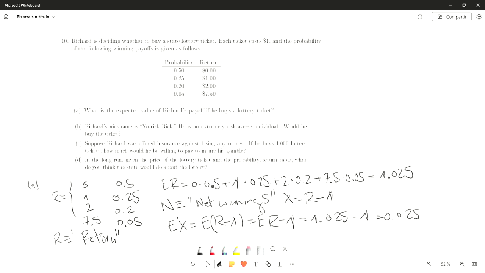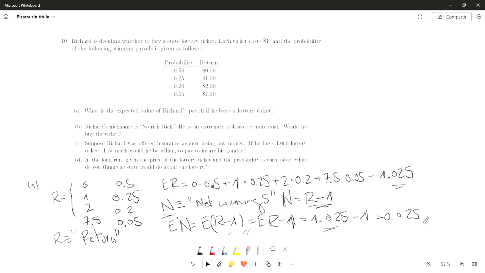If we define the variable N as net winnings, we have N equal to R minus 1, and the expected value of N would be the expected value of R minus 1, and we can expand this, and we get the expected value of R minus 1.